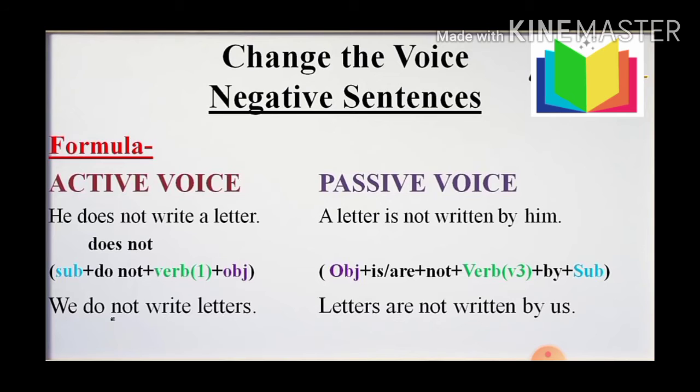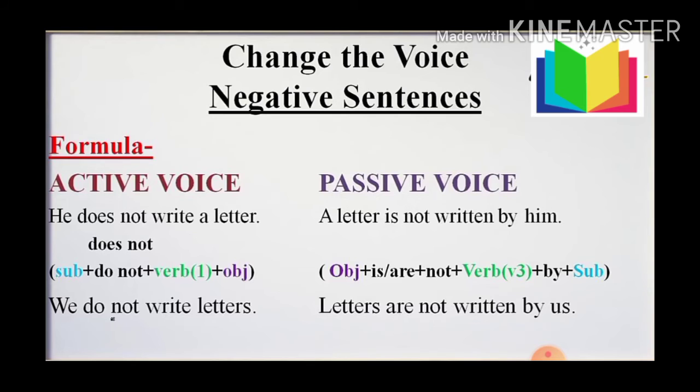While converting from active voice to passive voice, object comes first. Then the form of be, either is or are. It depends on the object. If it is in singular form, we use is. If it is in plural form, then we will use are. Now you have to keep in mind that while making sentences in simple present tense in active voice, we use do or does.